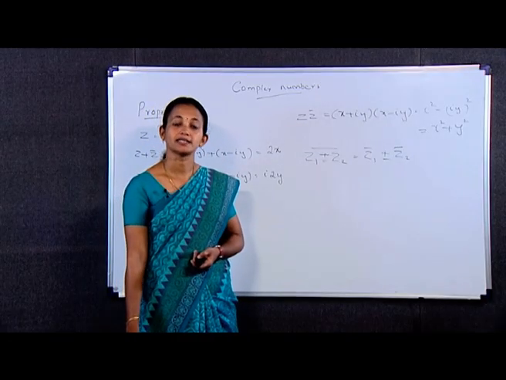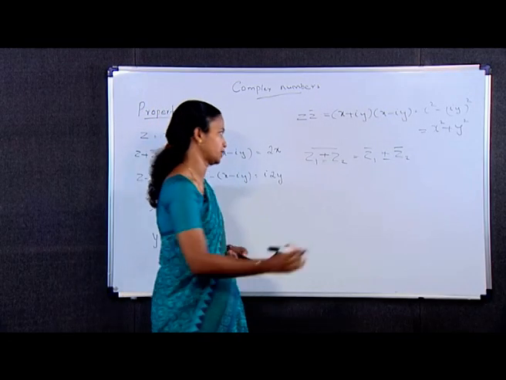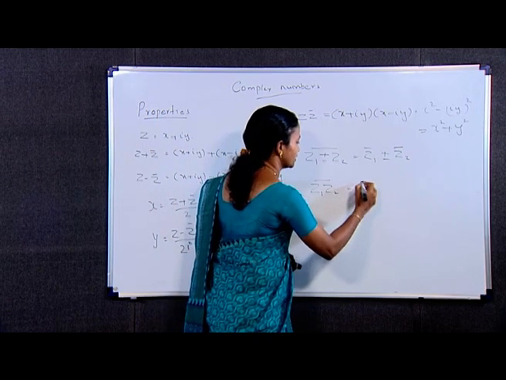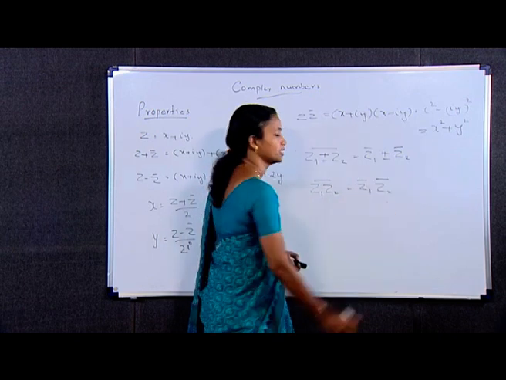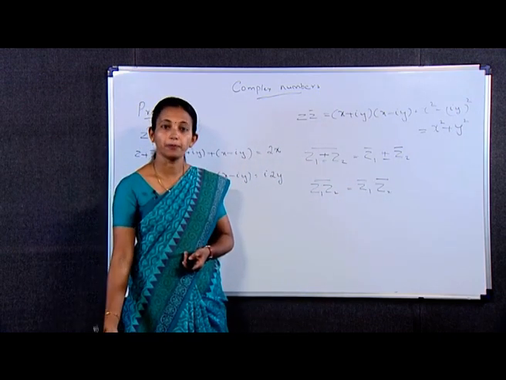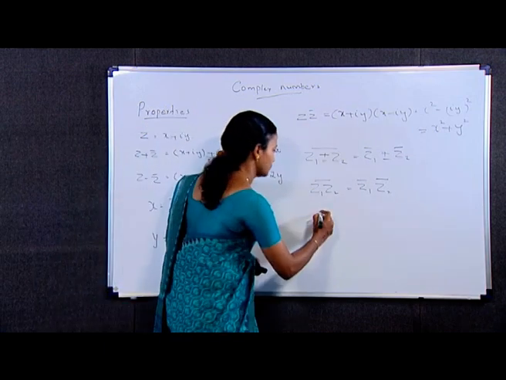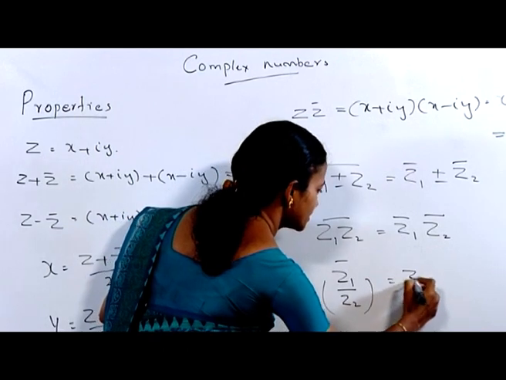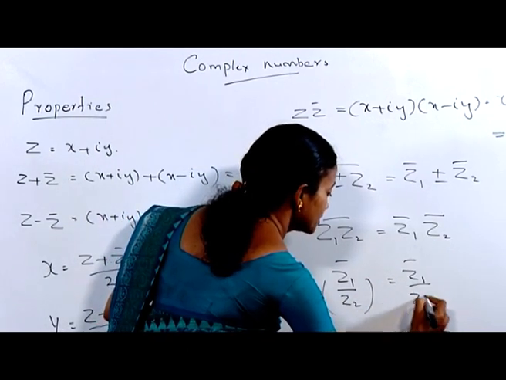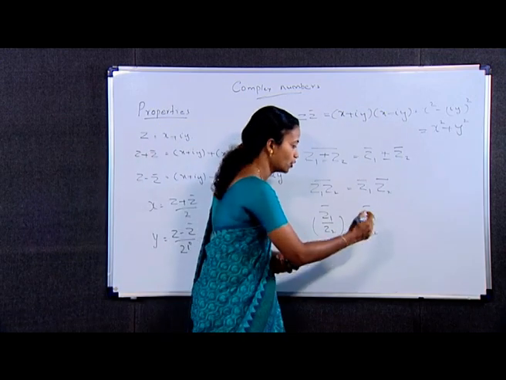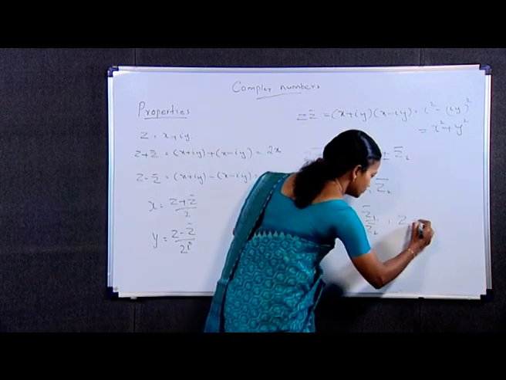Next we have (z1 z2) whole conjugate, which we can write as z1 conjugate into z2 conjugate. Next one is (z1 by z2) whole conjugate. This we can write as z1 conjugate by z2 conjugate, provided z2 is not equal to 0.